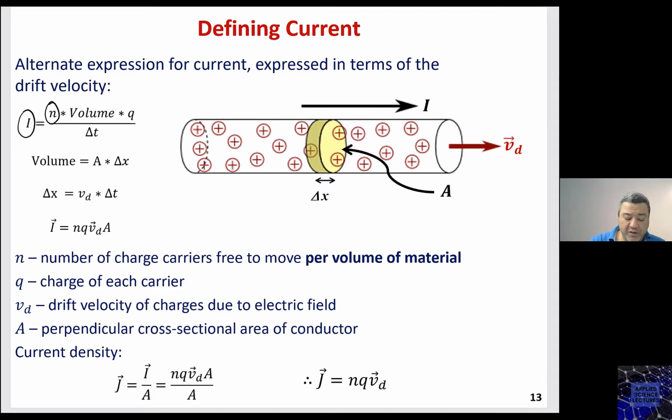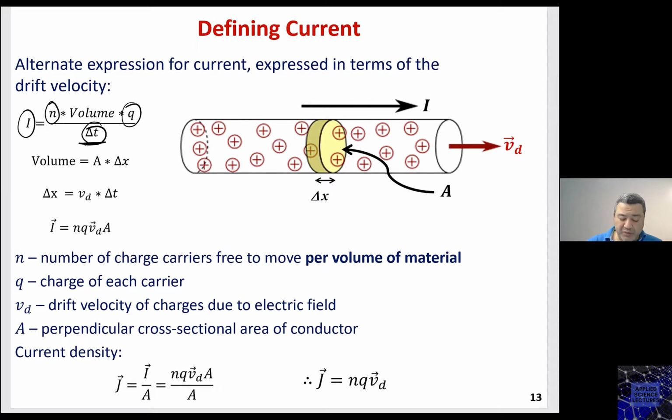It gives me the number of charges within this volume, times the charge, which gives me the total charge within that volume, divided by delta t. Those are the charges that are in motion. If we multiply the density by the volume, we get the total number of charges. If we multiply it by the charge, we get the total charge during this time.